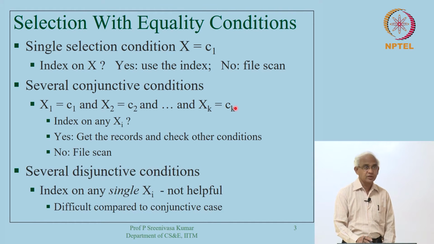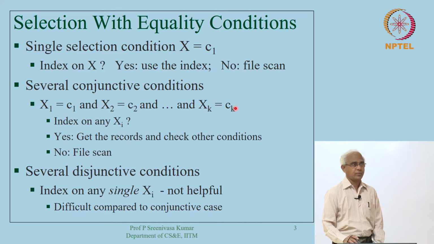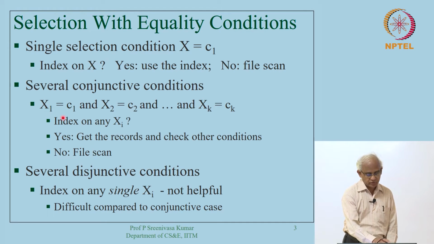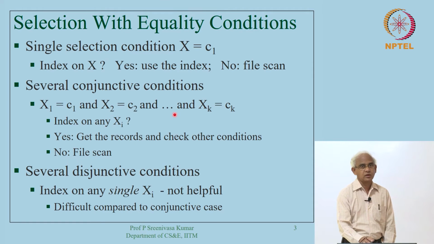Now, disjunction is harder than conjunction actually. If you have several disjunctive conditions, like x1 equals c1 or x2 equals c2 etc., or xk equals ck, then it is not sufficient if you have an index on any one of them. In fact, you have to have an index on all of them, only then it will be useful.